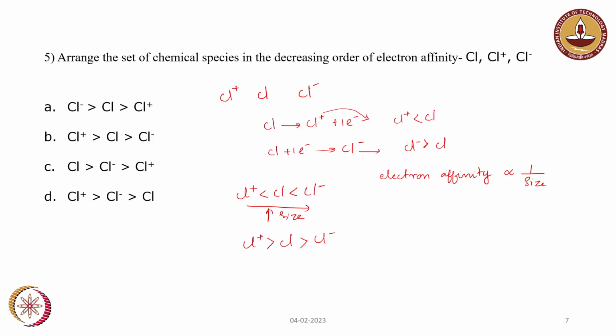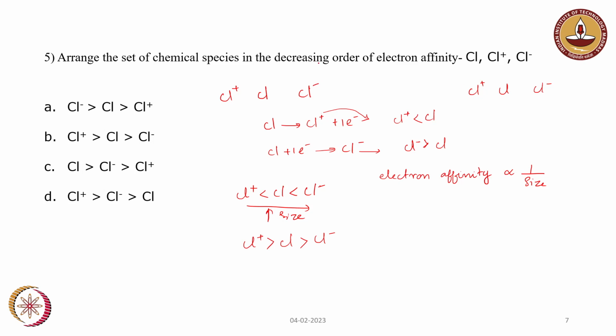And next one is arrange the set of chemical species in the decreasing order of electron affinity. And here we have chlorine, Cl minus and Cl plus. If we remove one electron, it becomes a cation, and cations have smaller size. And if we add one electron, it will become Cl minus, so it has larger size compared to the neutral atom. So chloride ion will have larger radius, and Cl plus will be the smallest.